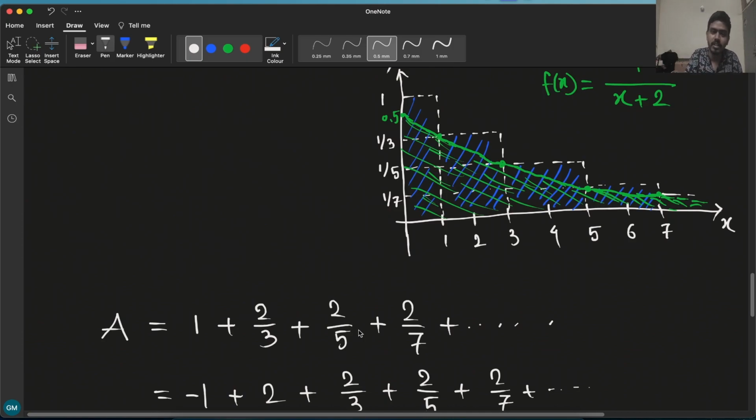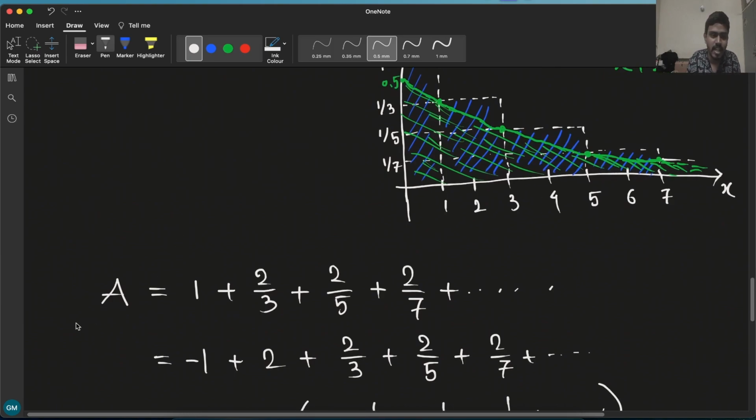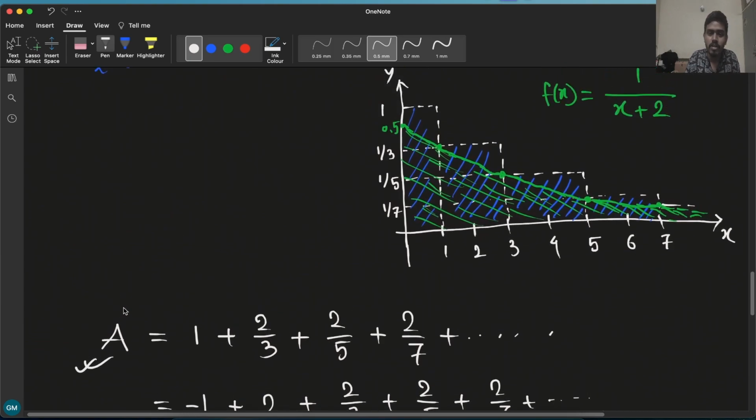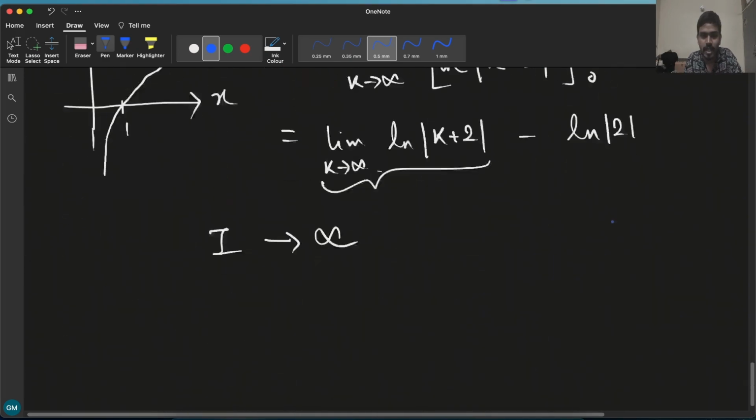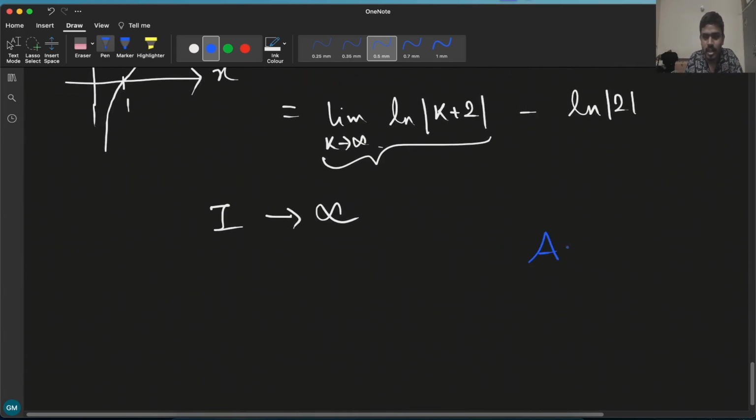And this blue region, which is basically this A, covers more area than this green region, right? It covers the whole green area, as well as some extra region. So this A is always greater than I, and I diverges, I goes to infinity.